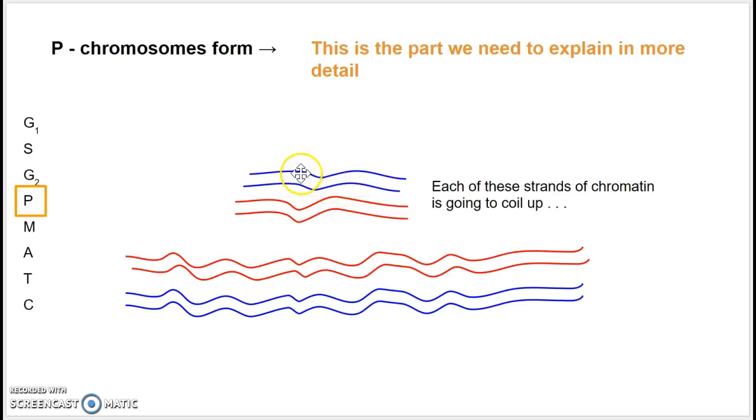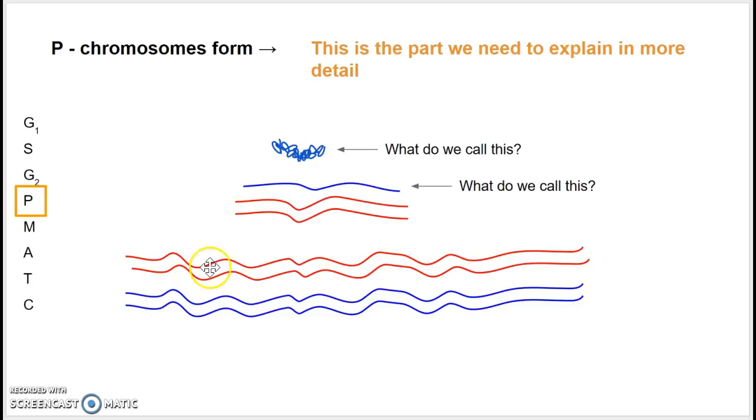To make a chromosome, a strand of chromatin just needs to coil up on itself into a more tightly wound form. So it would look something like that. That top piece used to be a long strand of chromatin, and now it's curled up into this denser, packaged chromosome. So if I asked you, what do we call this? This would be a chromosome. What do we call this? This is a piece of chromatin.